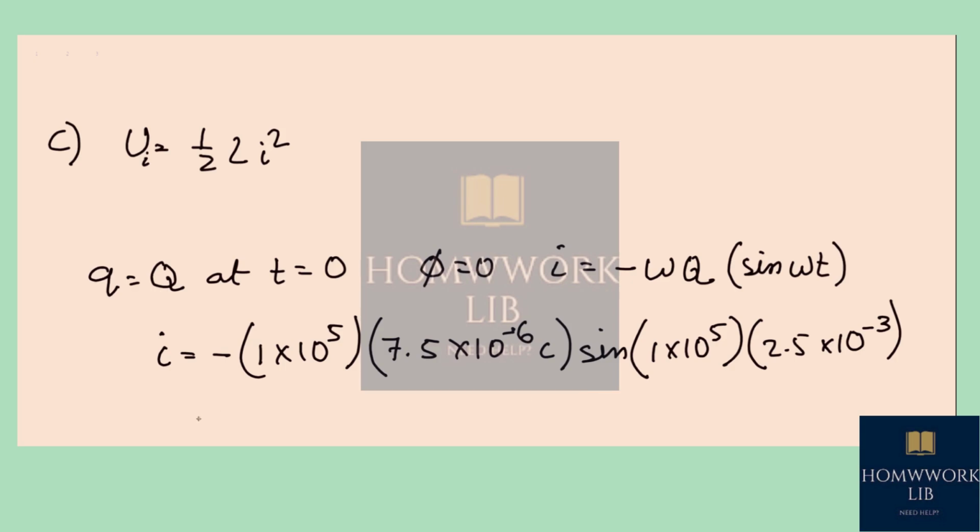So combining this, we get 0.7279 ampere. So just to write the units, this one is radians per second, this one is radians per second as well, and time is in second unit.